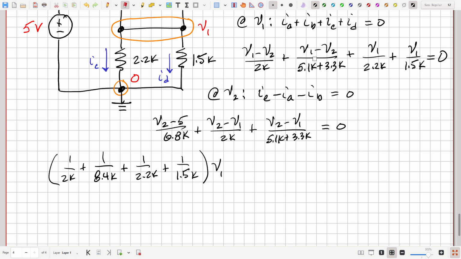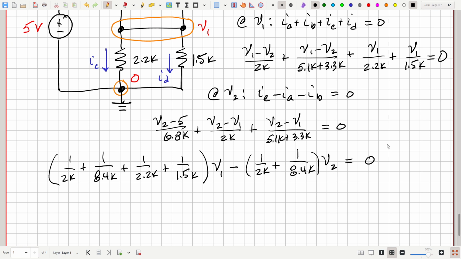And V2, we've got two terms here. So this is going to be minus 1 over 2K plus 1 over 5.1 plus 3.3, which is 8.4K, times V2. And that's equal to 0.